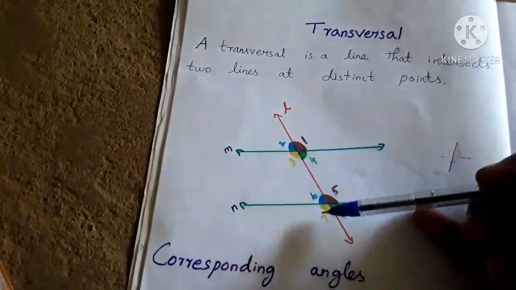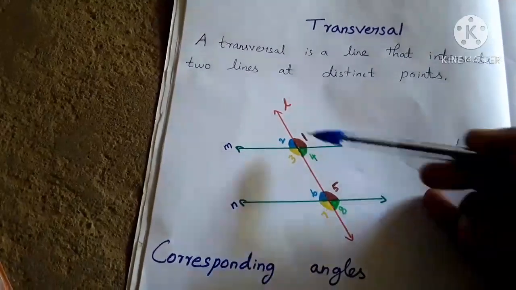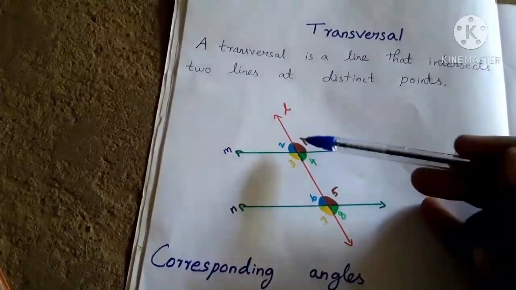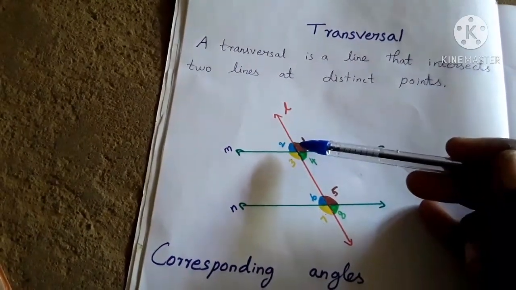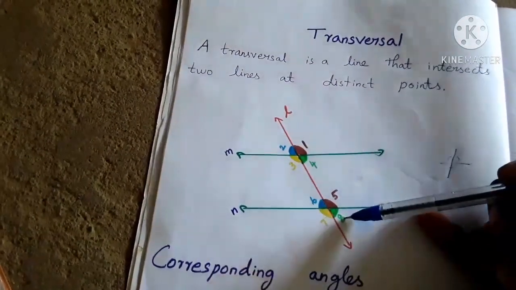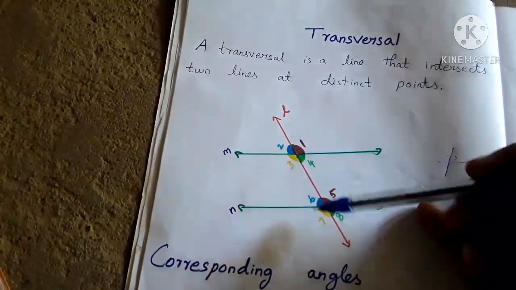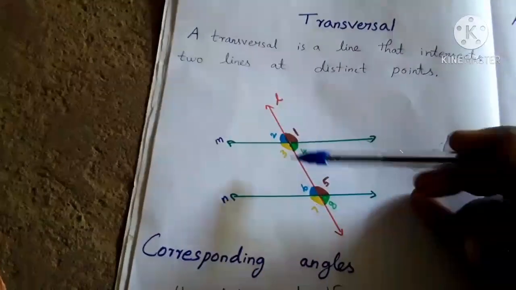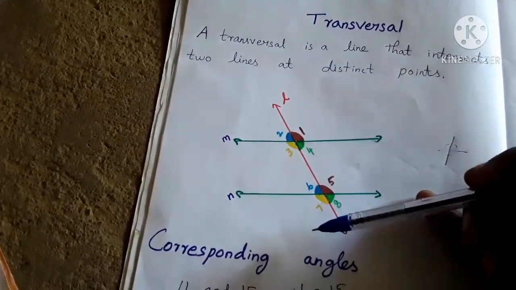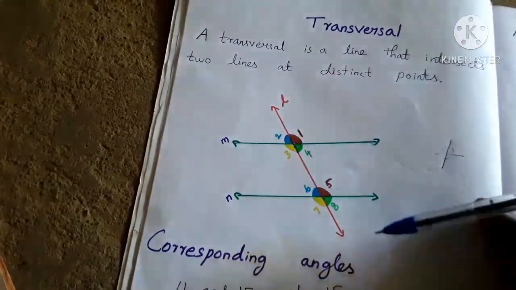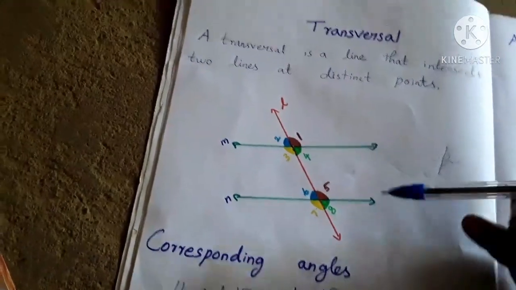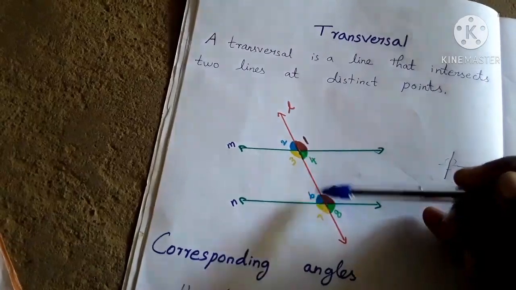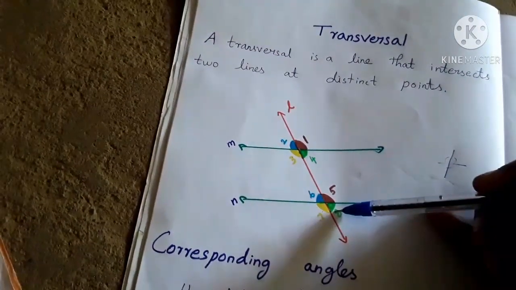Next, angle 2 and 7, angle 1 and 8. They are also on the same side of the transversal, but lying outside of lines M and N. So this is called interior same side of the transversal, and this is called exterior same side.